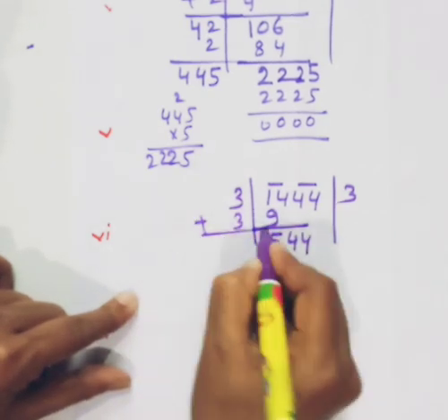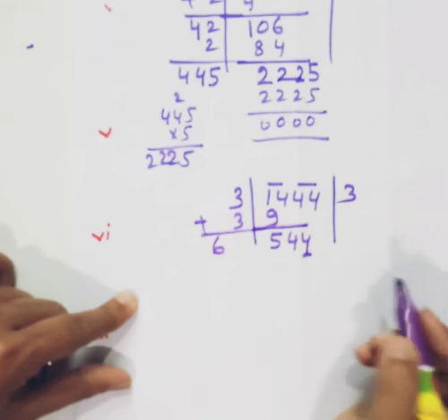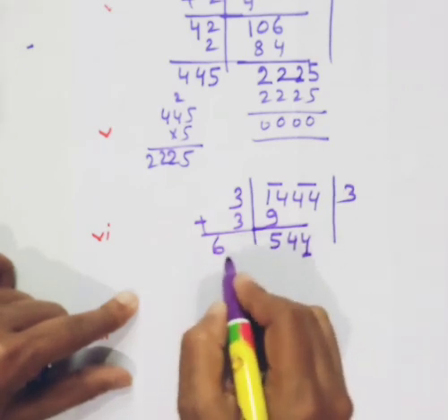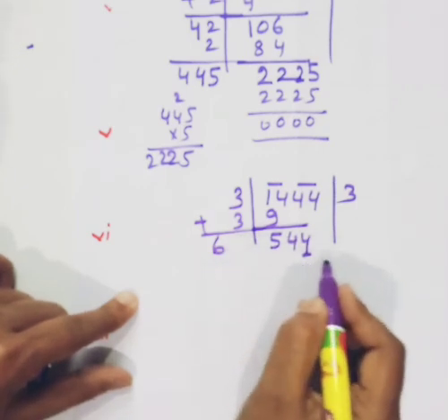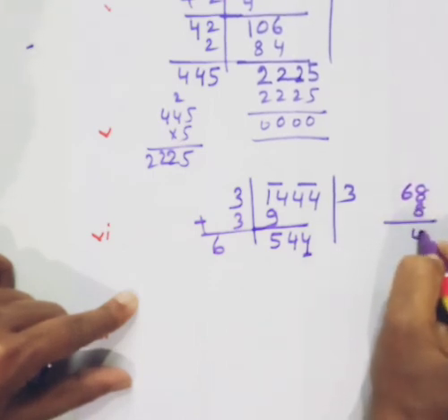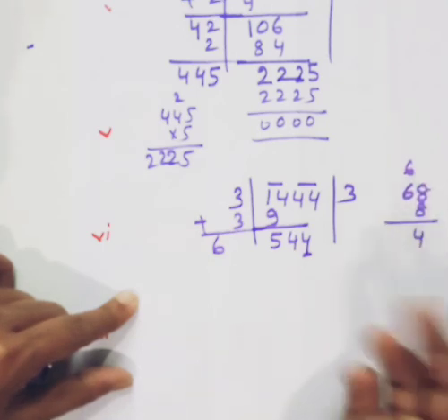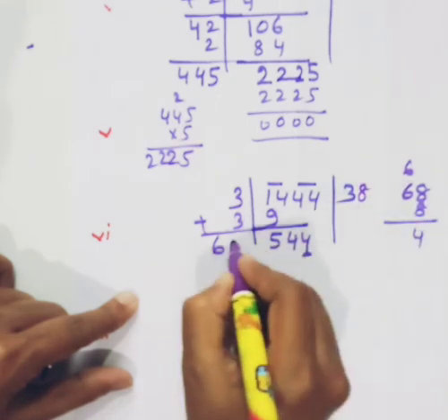Plus 3, we are getting 6 here. When will 4 come? Either when it is 2 or when it is 8. If we go for 2, 62 2s will be 124, very less. So go for 68, 8 8s are 64, 6 8s are 48 and 6, 54. So 8 times.